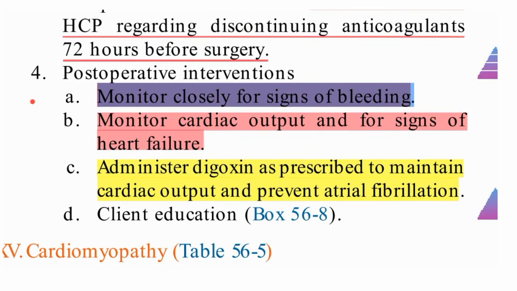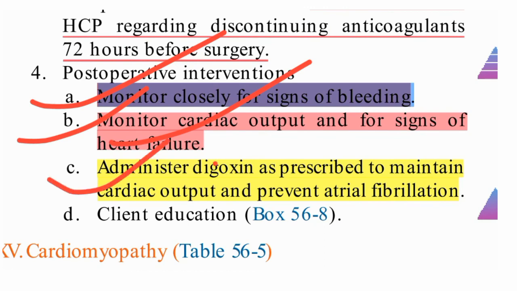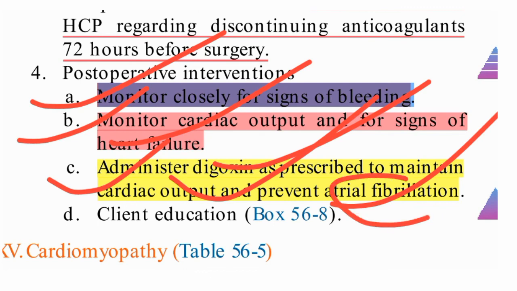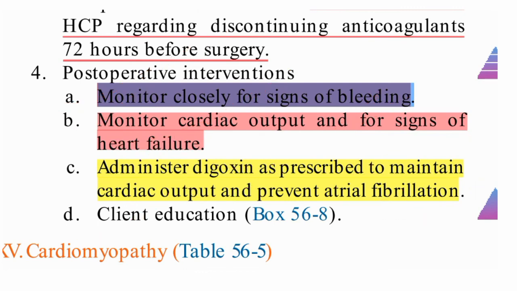So what are the postoperative interventions? We need to monitor closely for signs of bleeding, and monitor cardiac output for signs of heart failure. And administer the digoxin as prescribed to maintain the cardiac output and prevent atrial fibrillation.